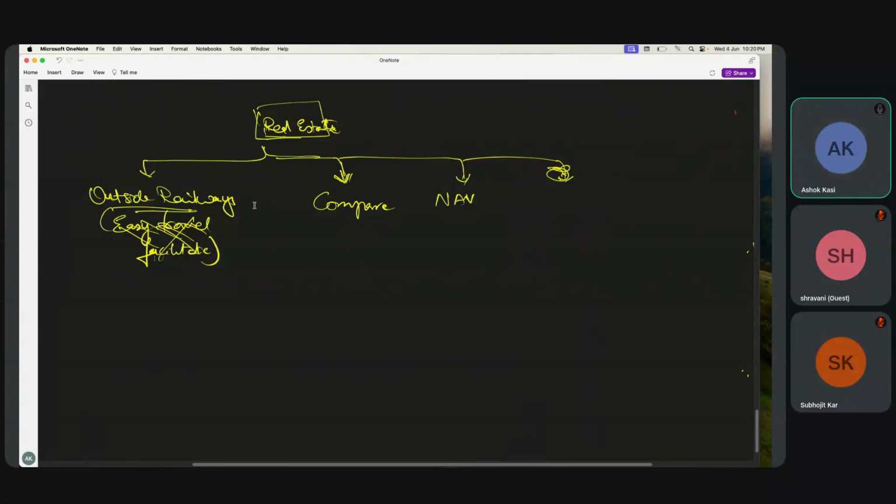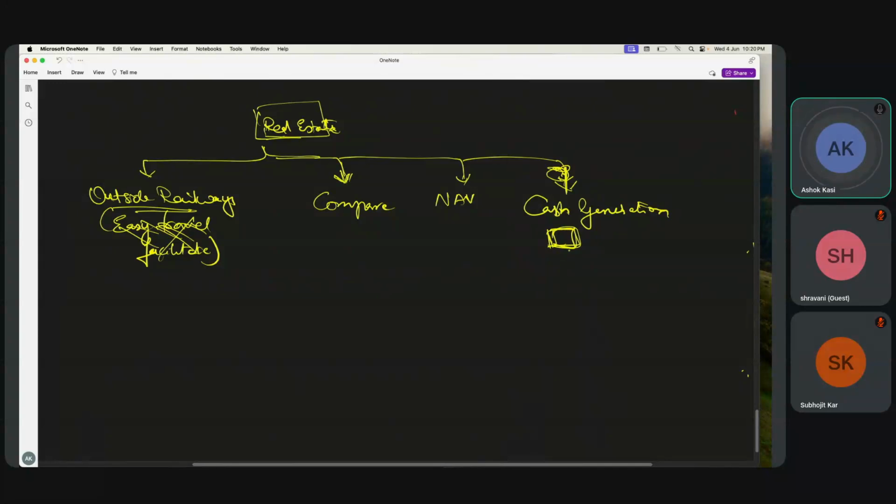Another one is how much cash generation I can get from that place. Say for example, outside a railway station, a very small mobile shop, but lakhs and lakhs of rupees turnover will happen in that small shop.